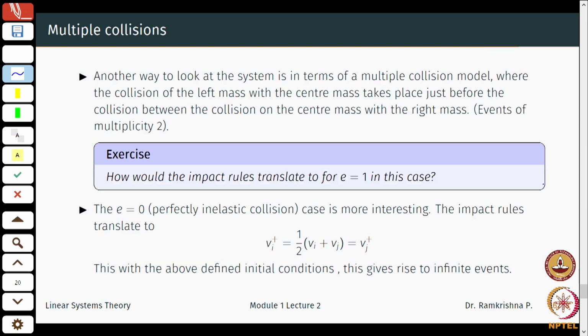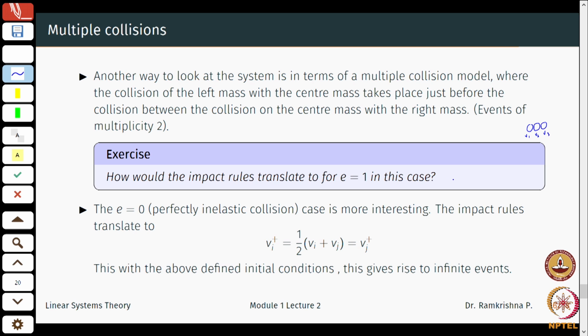I can also look at it as a multiple collision, where the left mass first collides with the center mass, and then the center mass collides with the right mass. So I am looking at, again, 3 distinct velocities V1, V2 and V3 just before and just after collision.